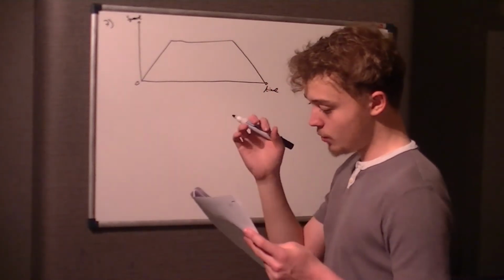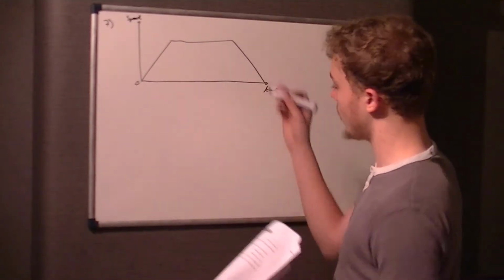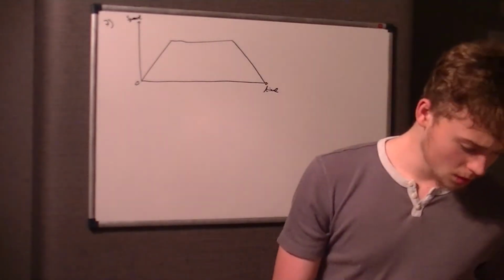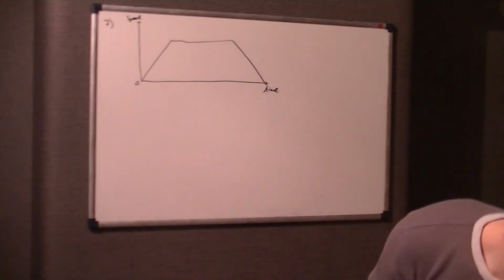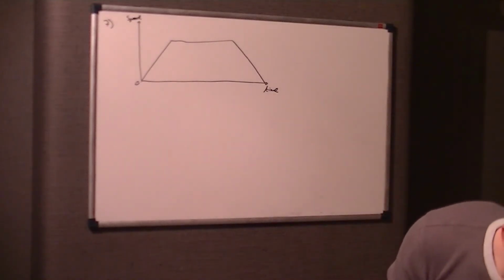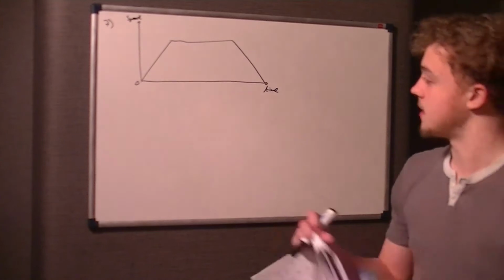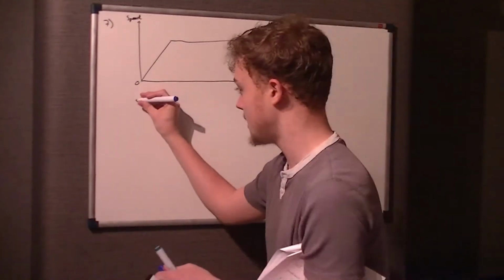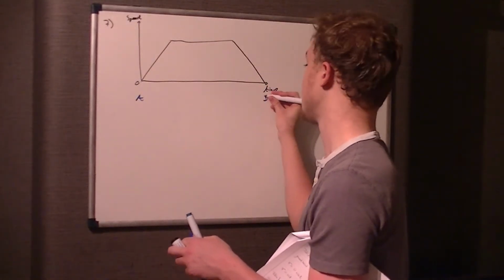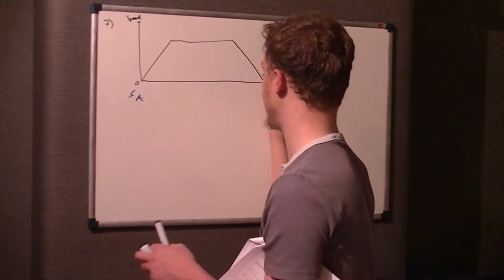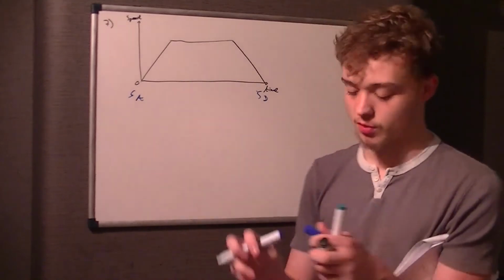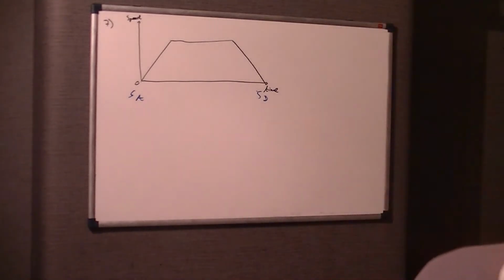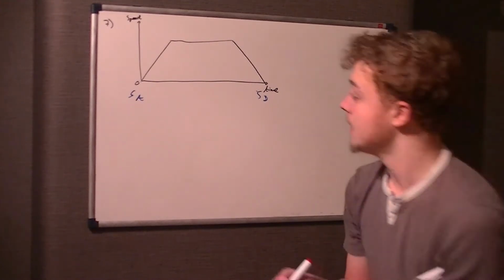I'll call this SA, Station A, and SB, Station B. Don't get confused with the support forces, because obviously we're not drawing a table.